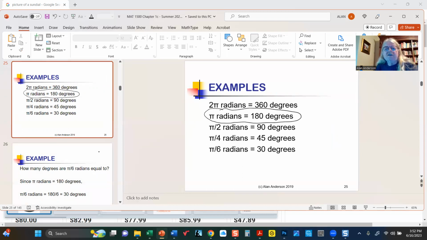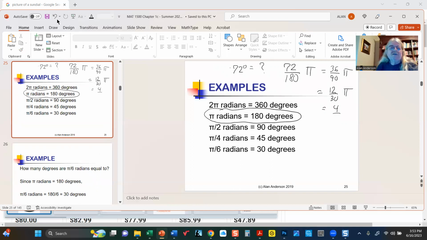So if you wanted to know, for example, 72 degrees equals how many radians, it would be 72 over 180 pi, which is, oh, we can still reduce it even further. Two-fifths. Okay, after all that work, it's 2/5.